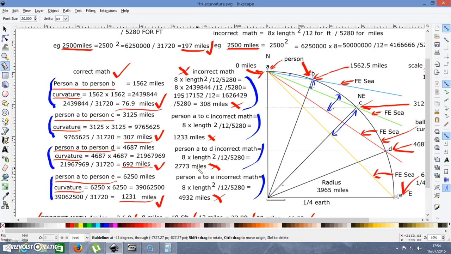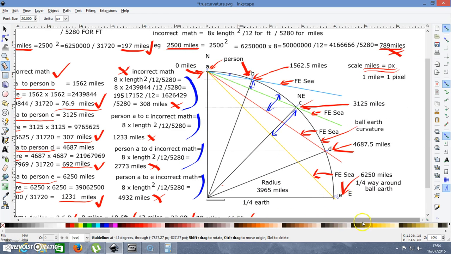2,773 miles using the incorrect maths. Whoa, that's 2,400 miles. So 2,500 to the top of the Earth. 2,773. Where's that come from? From A to E, which, as I said, is like a quarter of the way around the Earth, 6,250 miles.